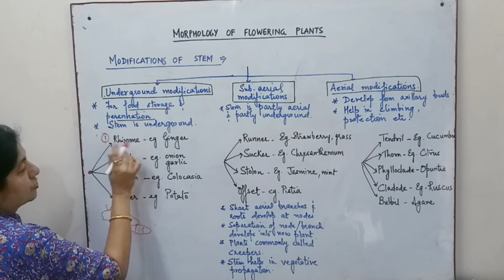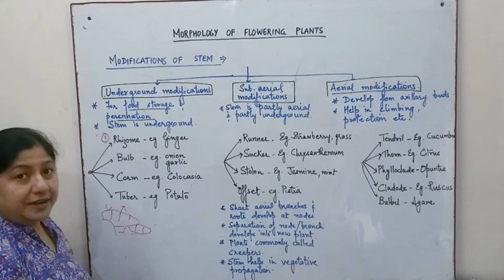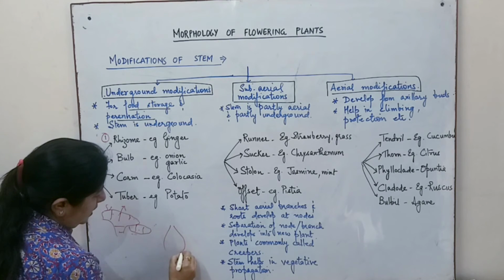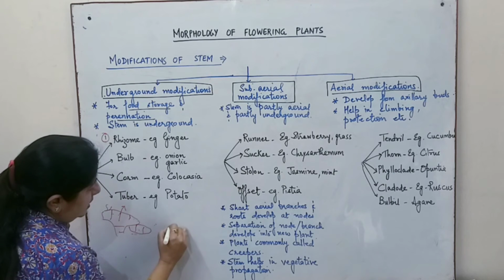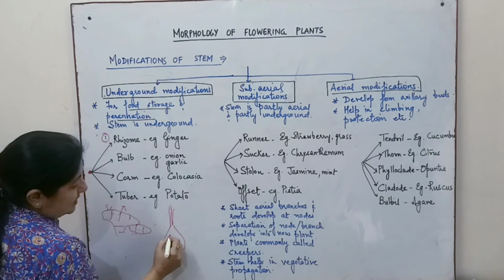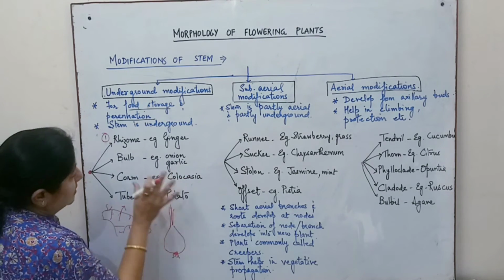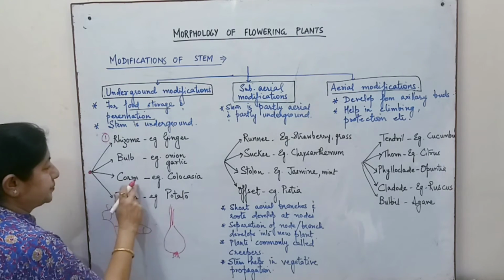Then the bulb, that is the onion, and all of us have seen the structure of onion. It has roots growing down and the leaves. This onion is an example, and garlic is also an example of an underground modification of stem.